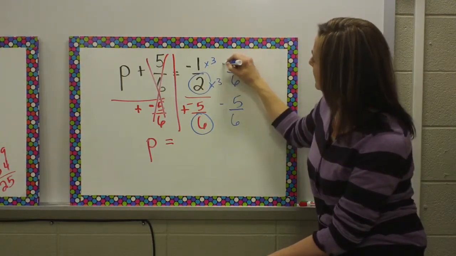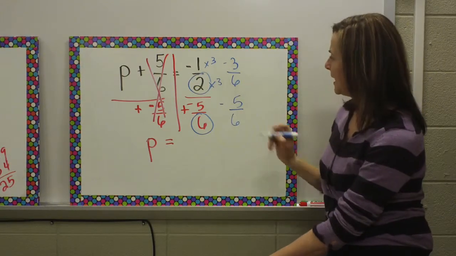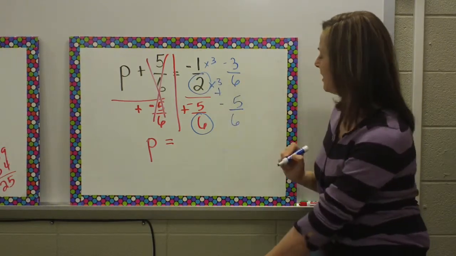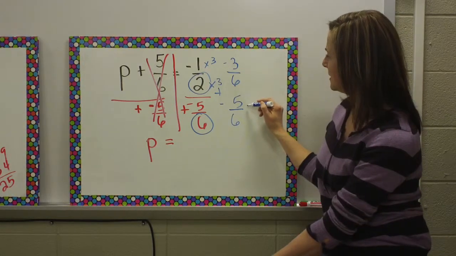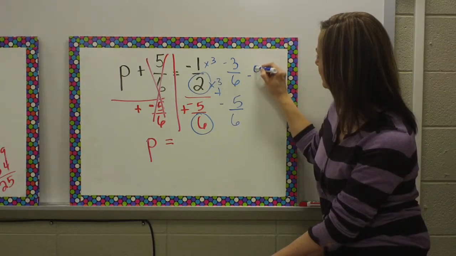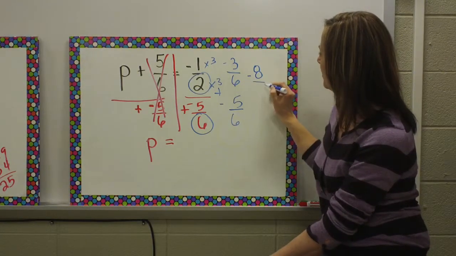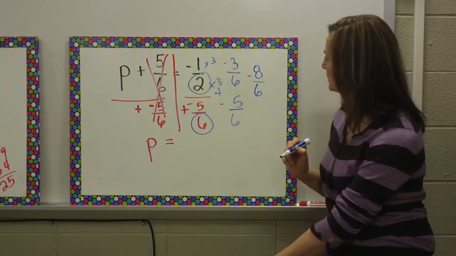This stays the same because I haven't changed the denominator. But because I went from 2 to 6, I have to multiply by 3. So, negative 1 times 3 is negative 3. Now, I can go ahead and add these together. So, a negative 3 plus a negative 5 is negative 8. And bring along my 6. So I have negative 8 over 6.